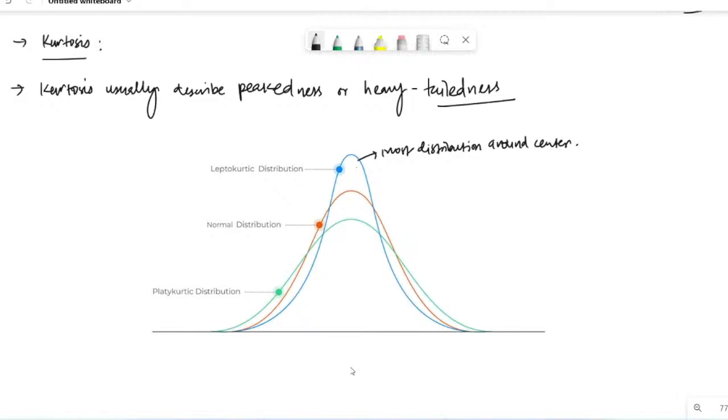The second is your normal distribution, and this is zero, or the kurtosis value will be equal to 3. That's what we measure here.